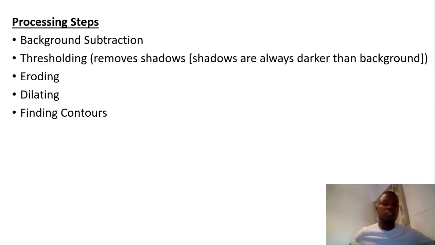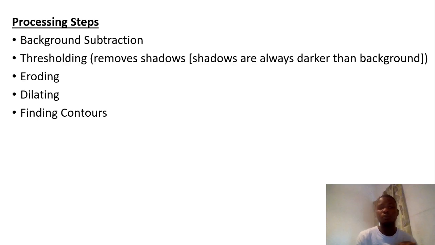So there will be 5 major steps. The first one will be background subtraction. The background and whatever is there, the foreground. We know, oh, this is the background, so that once something new enters, it will be able to differentiate what has come in and what is in the background. Any static thing is basically the background.